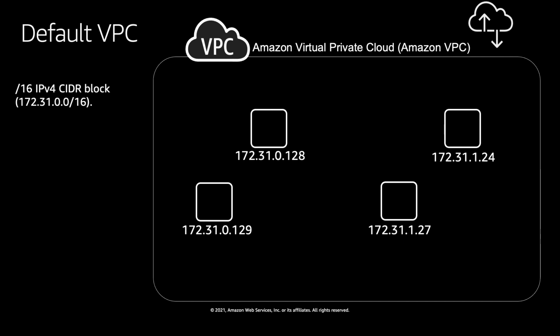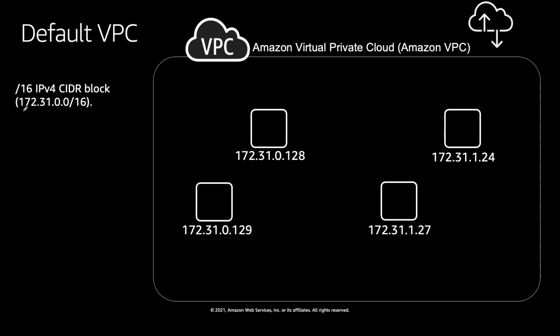When you create an AWS account, within your region, any region you may pick, you will get one default VPC, and this would be the CIDR range for the VPC. If you notice here, all the resources that you have created are in this IP range.